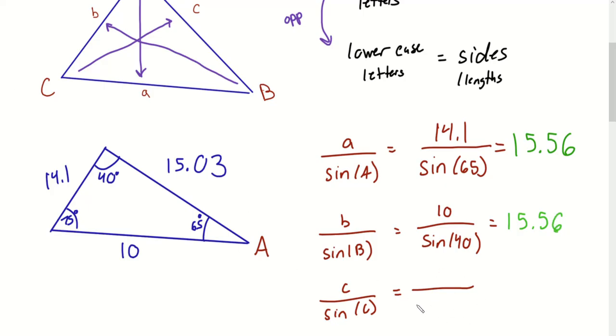What did you put on the bottom? Yeah, let's do sine of 75. What did you put on top? And what did you get? Yes. All the same. Do we think that's going to last forever?